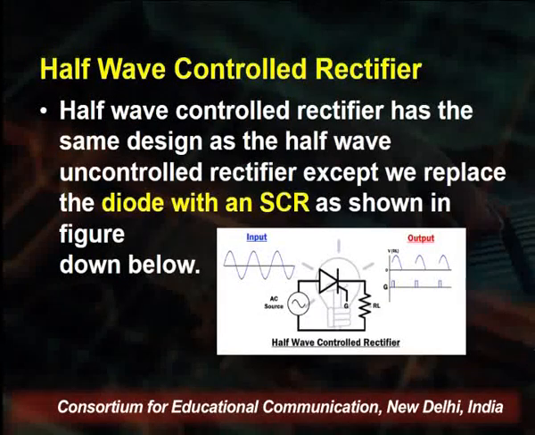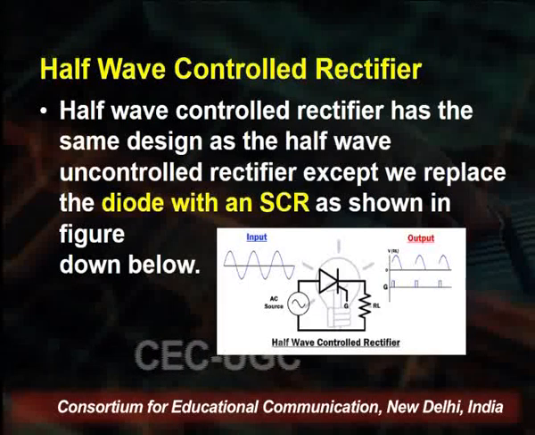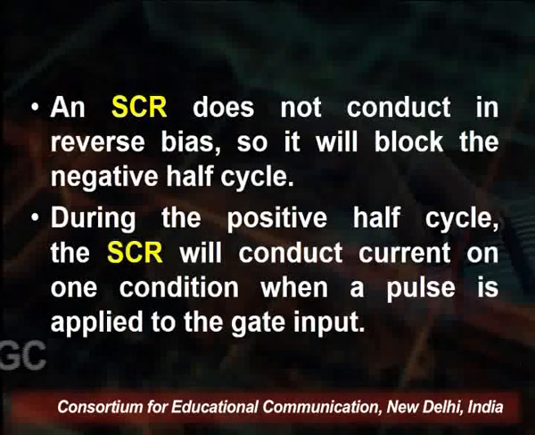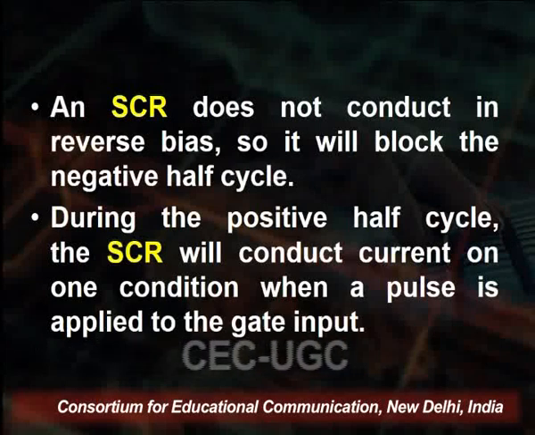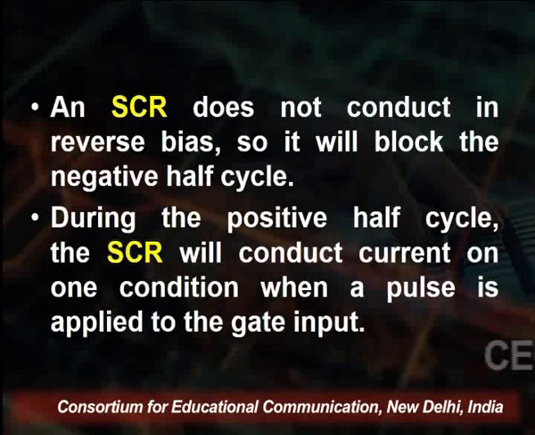Now the half wave controlled rectifier has the same design as that of the half wave uncontrolled rectifier, except we replace the diode with the SCR. The SCR does not conduct in reverse bias, so it will block the negative half cycle. On the positive half cycle we will get the output.